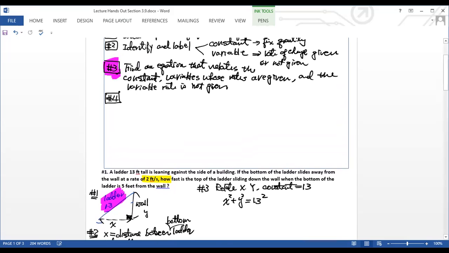Step number 4 is differentiate. They say differentiate the equation, whatever the equation is. Differentiate the equation from step number 3, the one I highlighted, with respect to time.